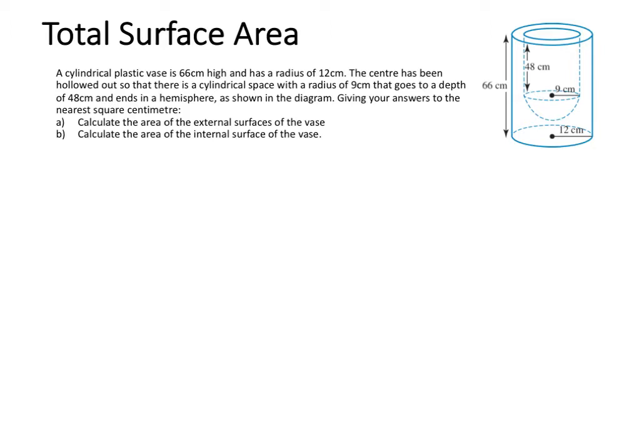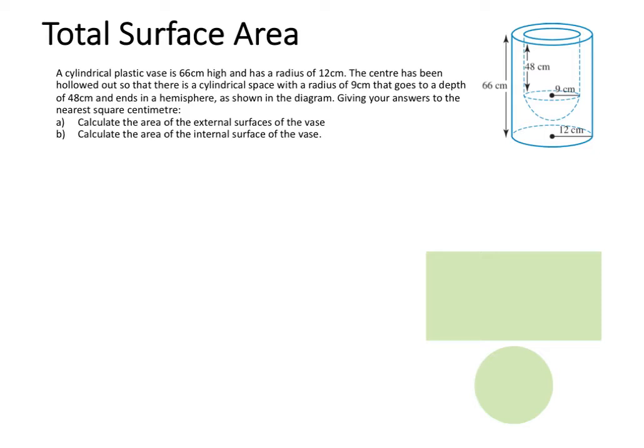And the first shape we're going to start with is the circular base down the bottom of the vase. So moving up from the circular base, we have got our side of the cylinder. Now the external side of the cylinder, when we flatten it out, is going to be in the shape of a rectangle. So we're going to add a rectangle into our net that joins on to our circular base. Now that we've got the base and the side of the vase, we need to have a look at the top.